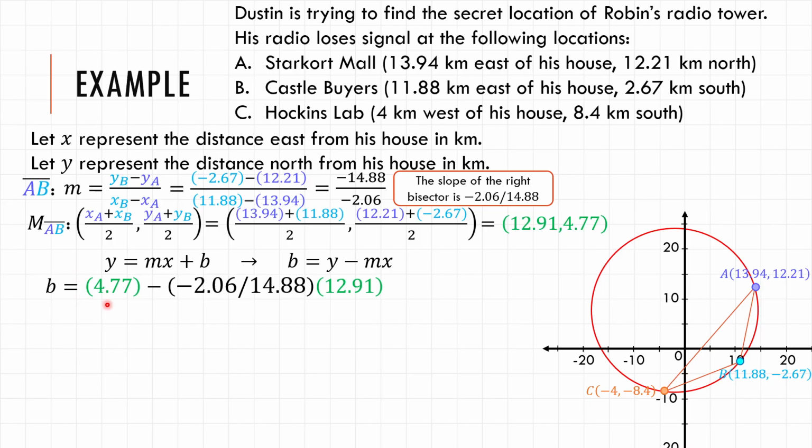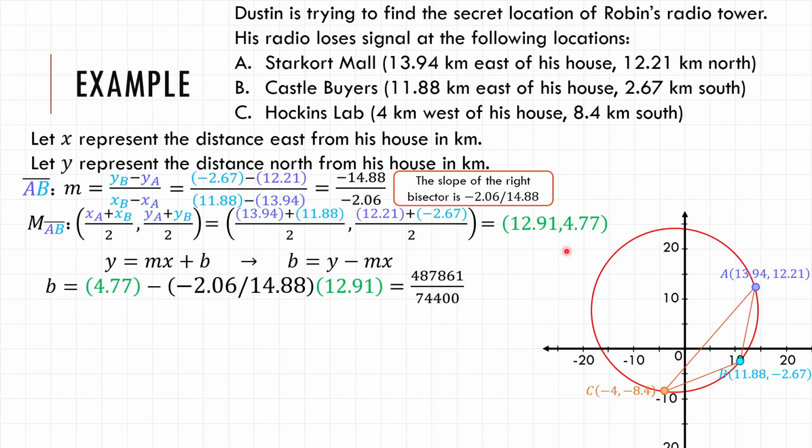And then there should be a button on your scientific calculator to change the answer into its fraction form, which is exact. And I did that with my calculator, and I got this expression right here. Now it's a pretty big, pretty ugly fraction if I do say so myself, but this is the exact location of the y-intercept of the right bisector of AB.